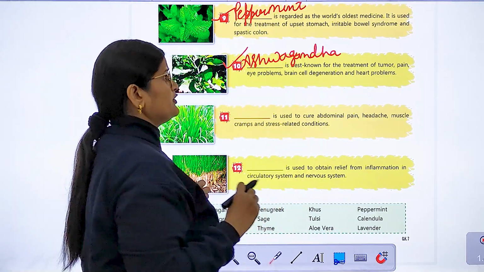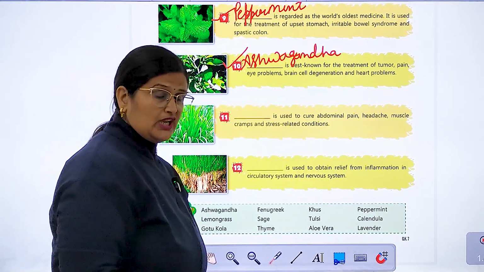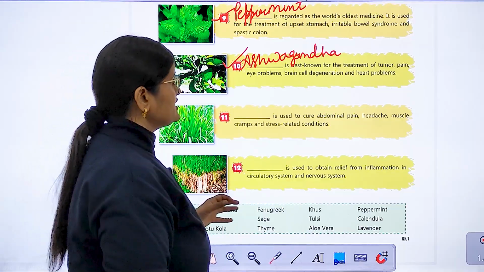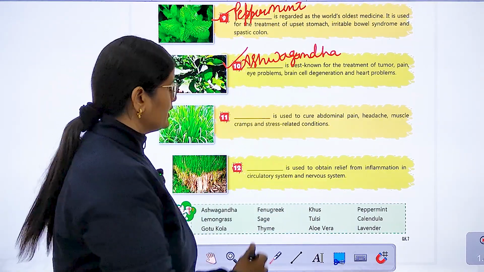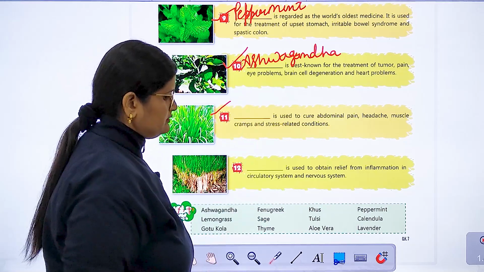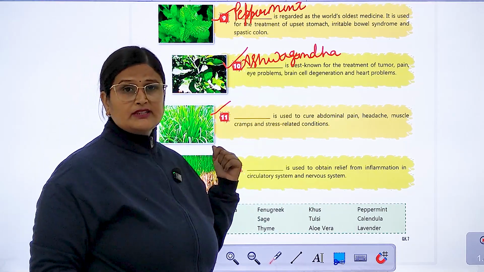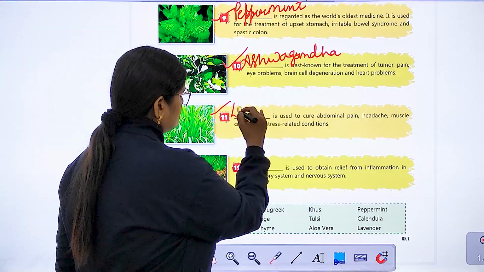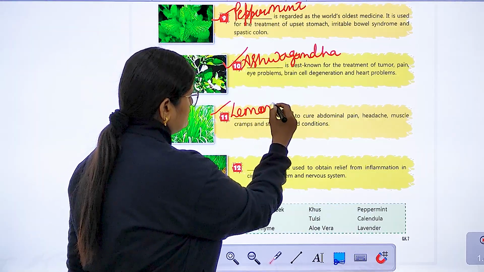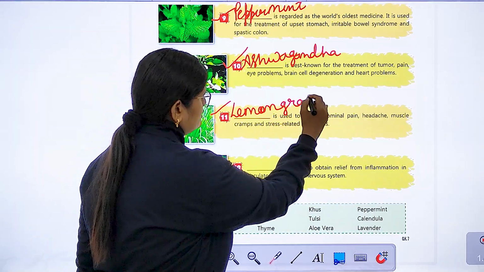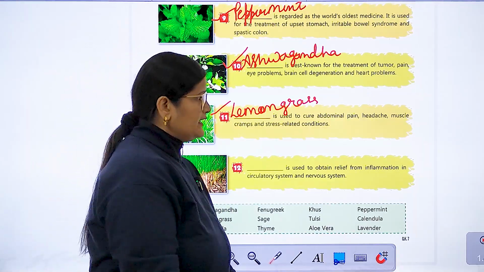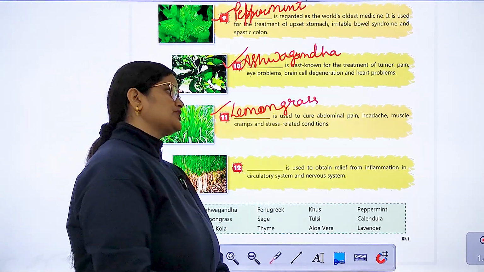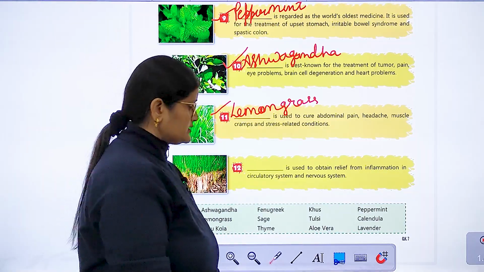Is best known for the treatment of tumor, pain, eye problems, brain cell degeneration, and heart problem. Number 11, this is lemongrass. Is used to cure abdominal pain, headache, muscle cramps, and stress related conditions.